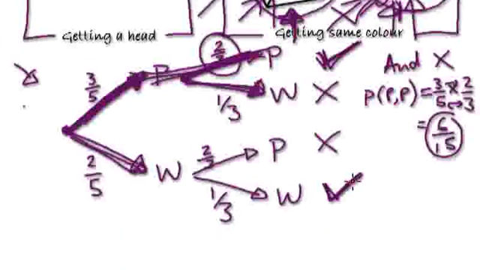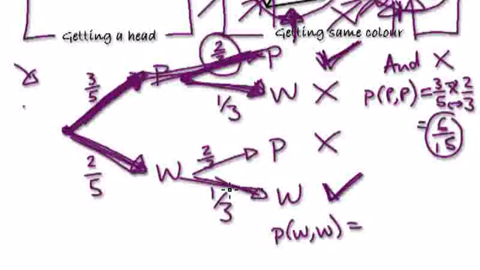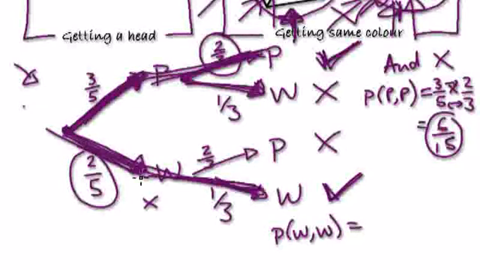Now let's look at the white and the white. So the probability of you getting a white and a white would be, well, you've got to go down this route and this route here. So you are following this whole branch here, and you have to get a white and a white. It's an "and", so you have to times.